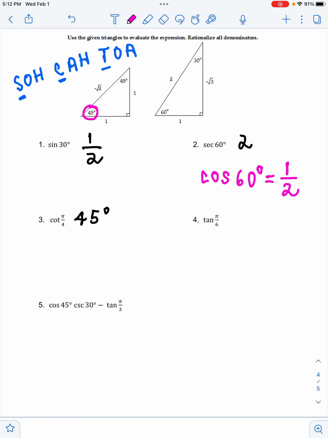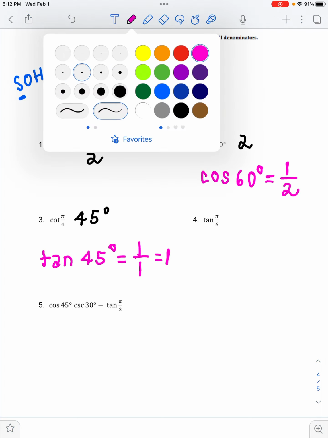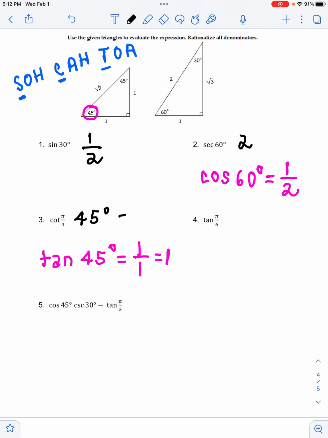If I'm going to find cotangent, I'm going to start with the tangent of 45 degrees. Tangent is, of course, opposite over adjacent, and that's 1 over 1, or 1, which means when we find the cotangent, the reciprocal is going to be 1 over 1, or just 1.